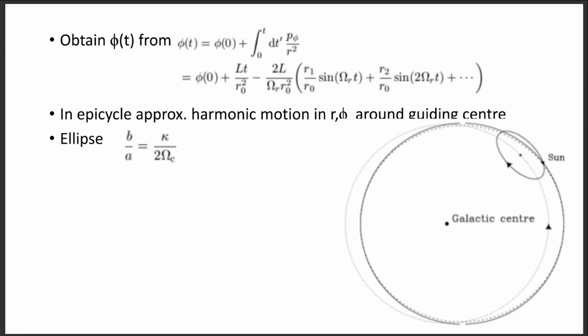And then having found what the radius is as a function of time by doing that one-dimensional periodic problem, you can discover what the angular coordinate is as a function of time, because it's clearly equal to this, since p phi is equal to r squared phi dot. So this becomes the integral of, with the r squareds cancelling, the integral dt of phi dot, which therefore is obviously delta phi.